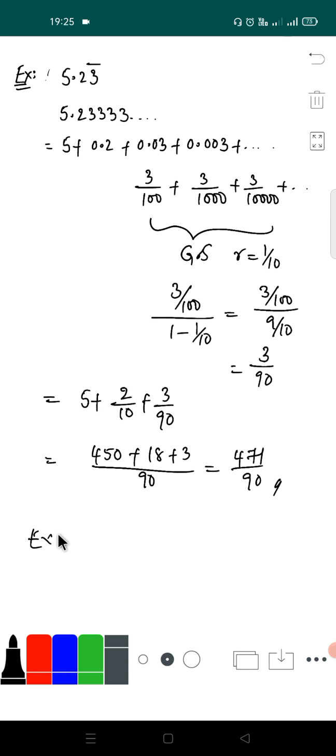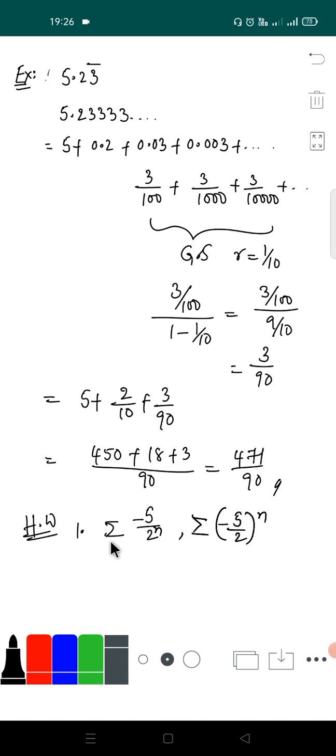As homework, you can practice this: the summation of minus 5 by 2 to the power of n, 5 by 2 to the power of n, and minus 5 to the power of n divided by 2, and for all of them n goes from 0 to infinity.